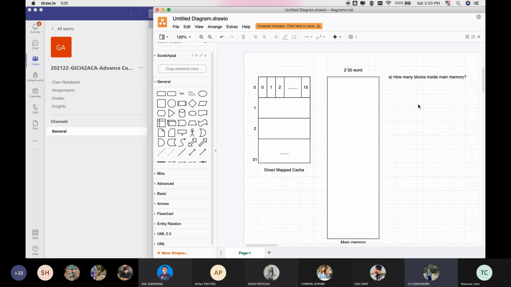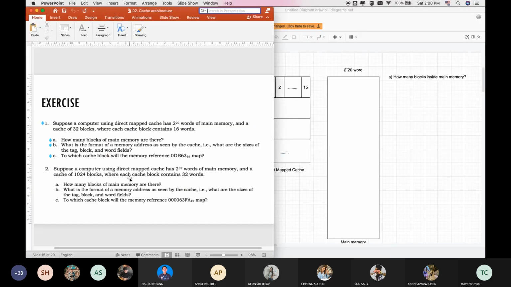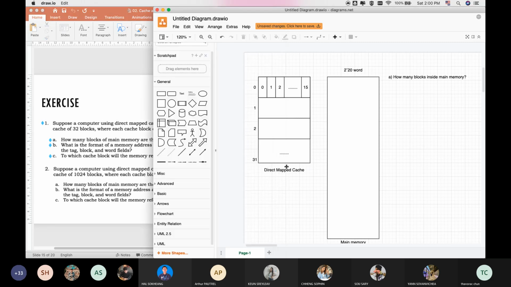So to find the number of blocks inside the main memory, from the previous slide, I told you that the size of a block inside the cache is equal to the size of a block inside the main memory. So you can tell that the block size is 16 words, where each cache block contains 16 words, meaning one block of the cache has 16 words.